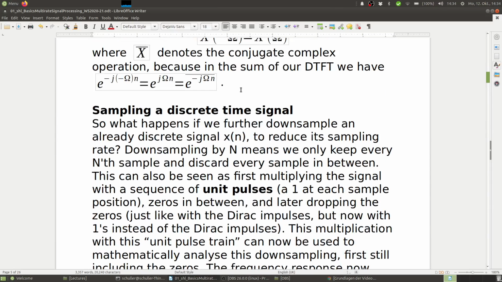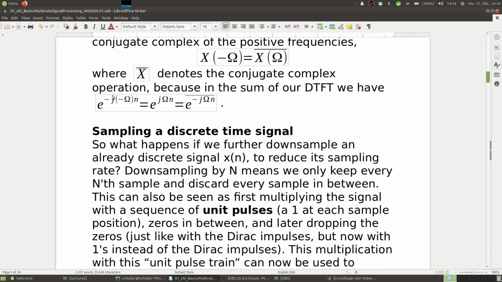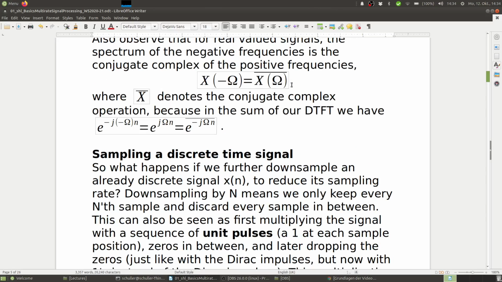So this gives us the normalized frequency, and also this property that for real valued signals we have this symmetry between positive and negative frequencies. And this is also the reason why for real valued signals we just need to look at the positive frequencies, right? And particularly the positive frequencies between 0 and pi.